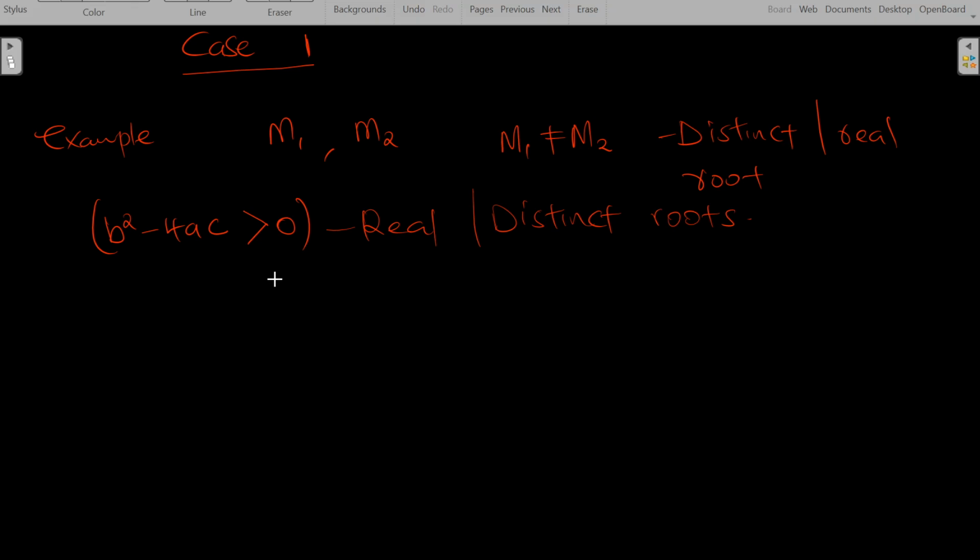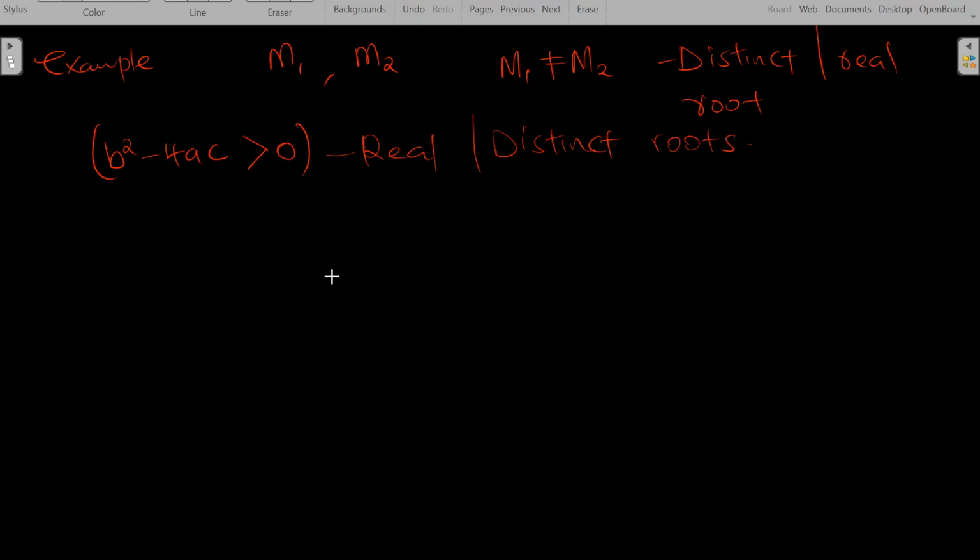If that value is greater than 0, it will take you to real or distinct roots. This is just an easier way to get that.